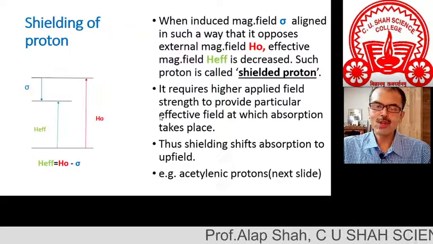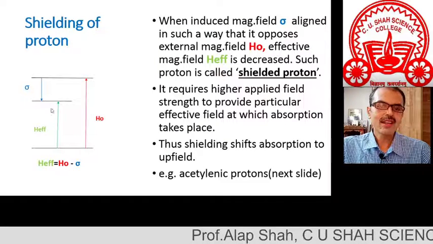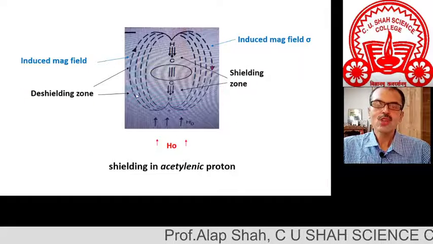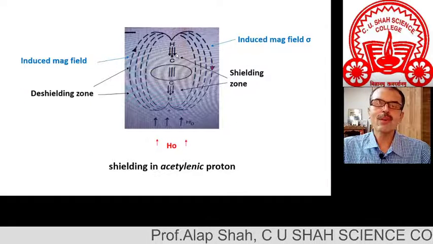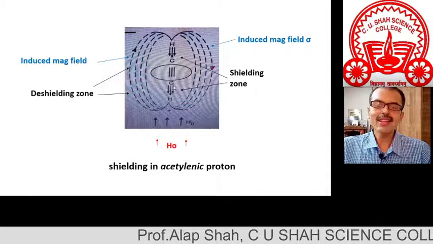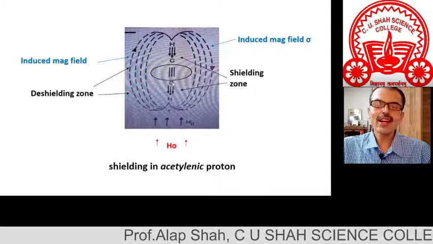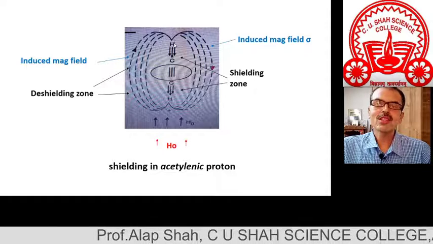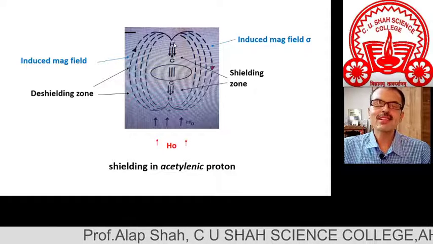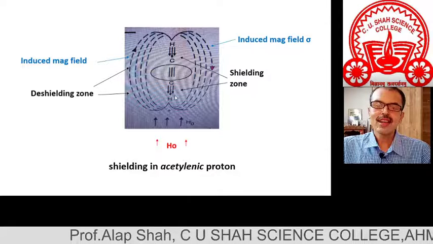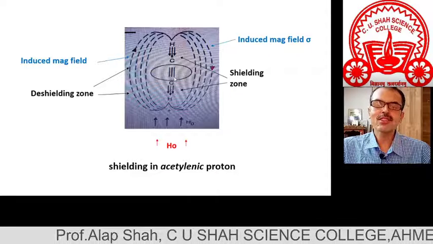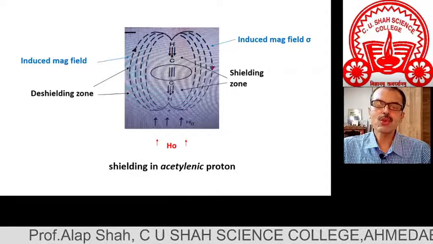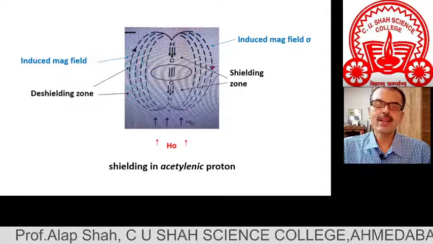This is what I told you: sigma and H0 are in opposing directions. So the important point is the location of the proton. You can see that the acetylenic protons are located in this shielded zone where H0 and sigma oppose, and as a result the acetylenic protons are considered shielded, and that's why their signal falls into high field or upfield.